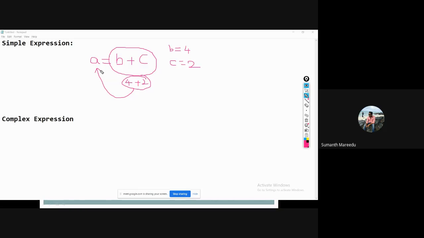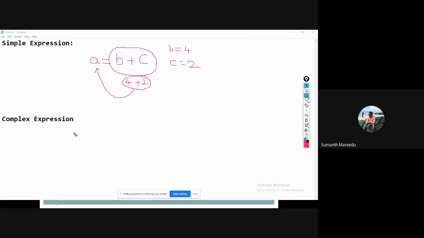The second category of expression is complex expressions. So what is a complex expression? A complex expression is one that has more than one operator. If more than one operator exists in the expression, that is called a complex expression.